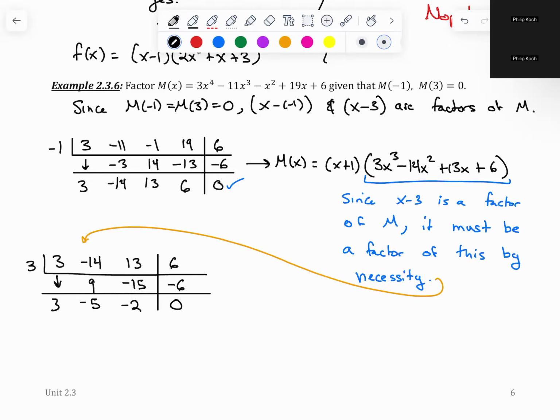And so what that work has just shown us is that 3x cubed minus 14x squared plus 13x plus 6 is equal to x minus 3 times 3x squared minus 5x minus 2.